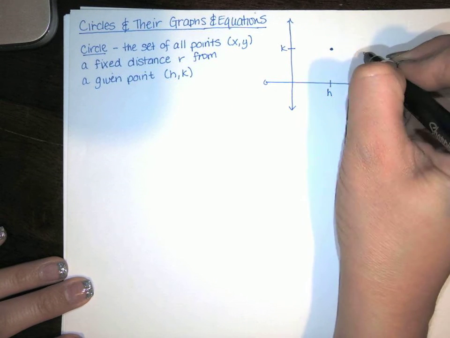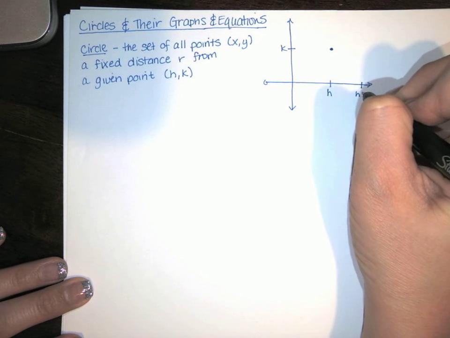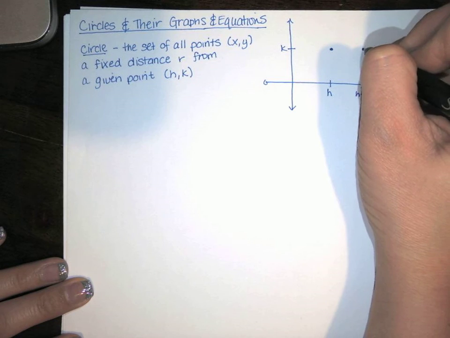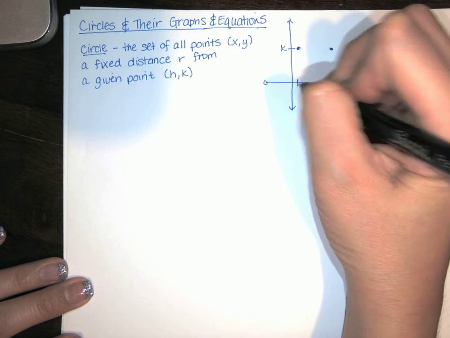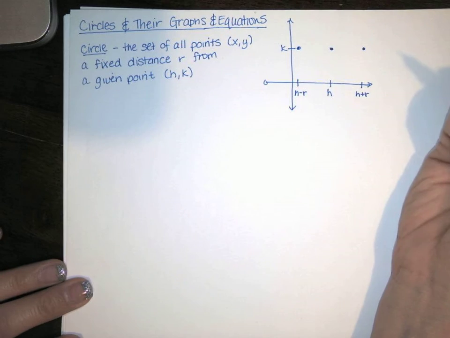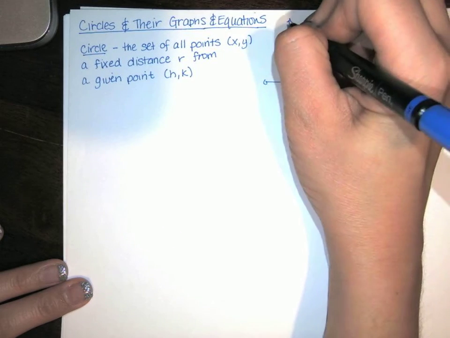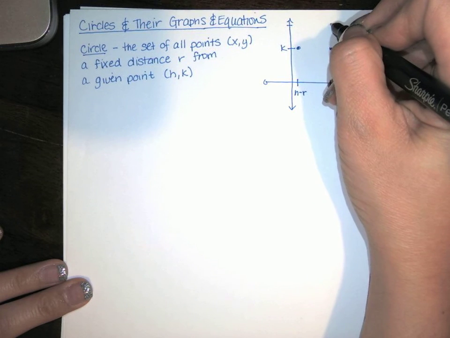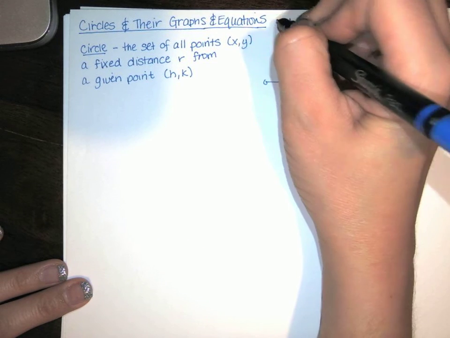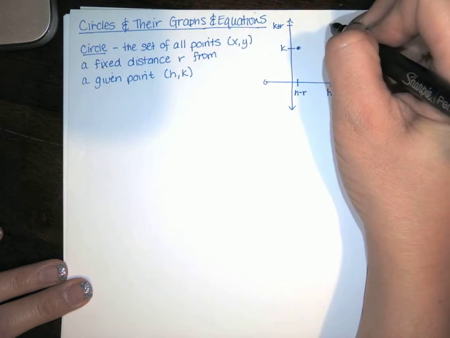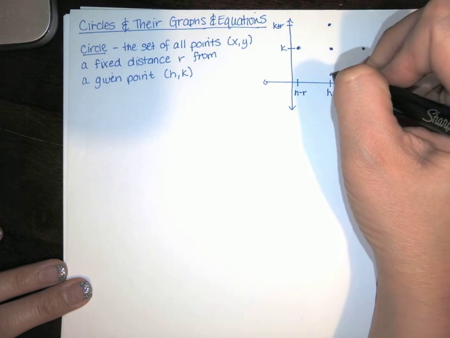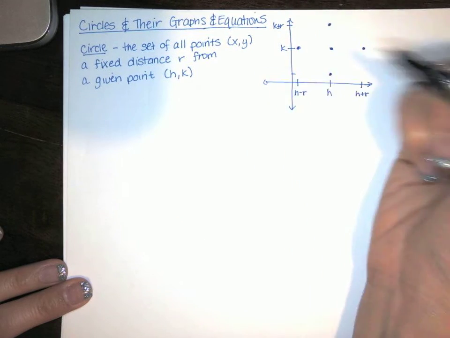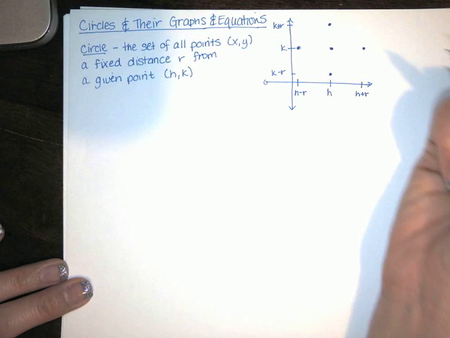So if I go r units in this direction to h plus r, and r units in this direction to h minus r, those are points on my circle. And if I go r units up, that's going to be y equals k plus r. If I go r units down from the center, that's going to be y equals k minus r.